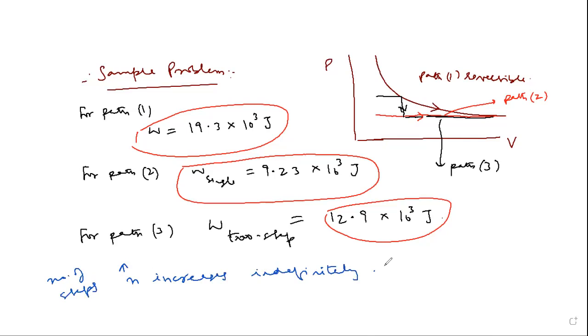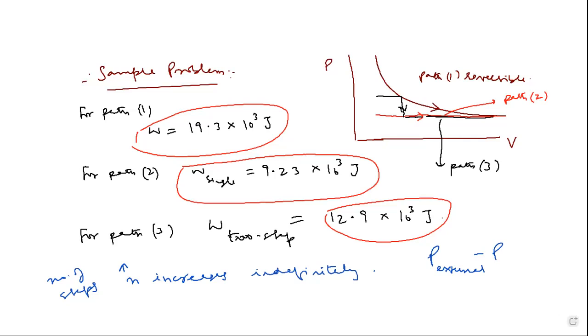As n increases, the pressure difference. Which pressure difference? P external minus P. P is the gas pressure, P external is the external pressure. So as n increases, the pressure difference P external minus P for each individual step decreases. I repeat, as n increases, where n is the number of steps, the pressure difference P external minus P for each individual step decreases, right?